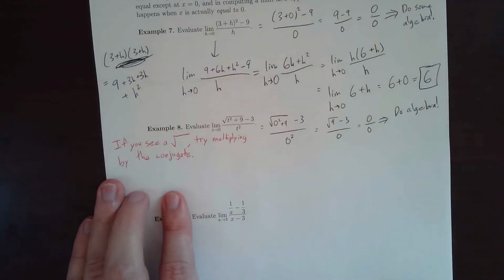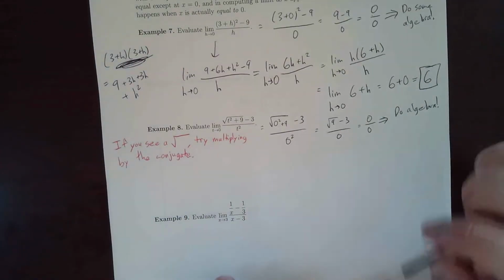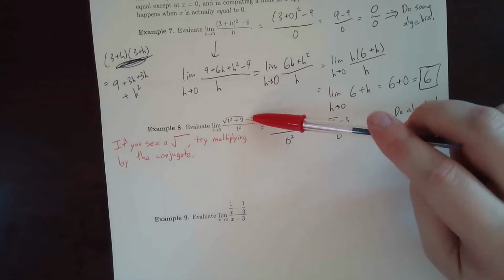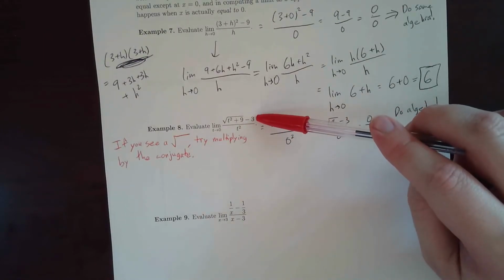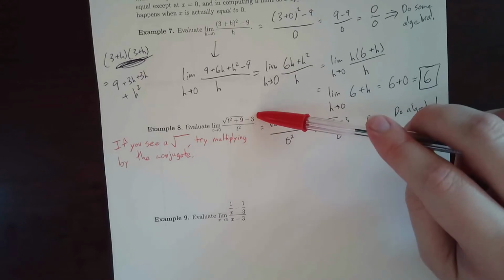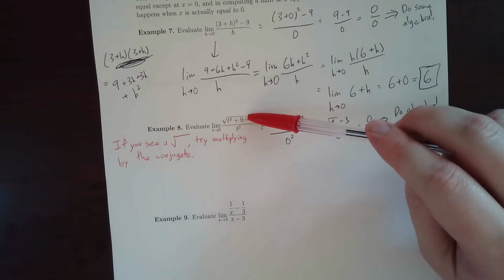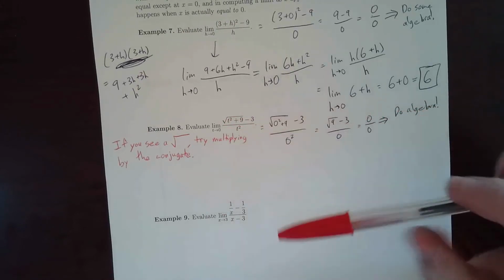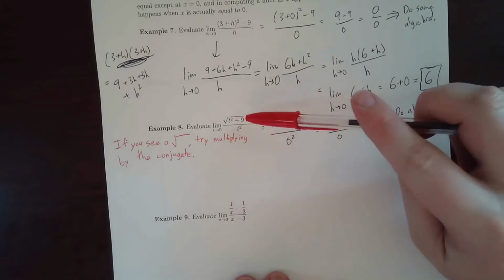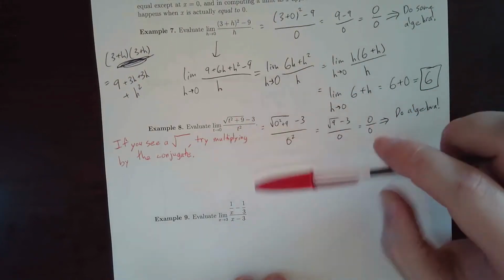If you're not familiar with the term conjugate, essentially what we'll be doing is taking this term up here, the square root of t squared plus 9 minus 3, and multiplying by the same thing, except instead of a minus 3, we'll do plus 3.